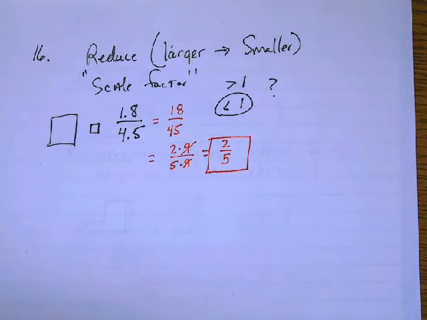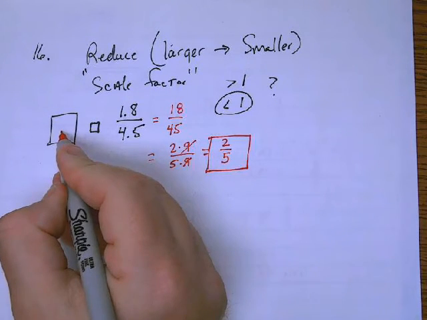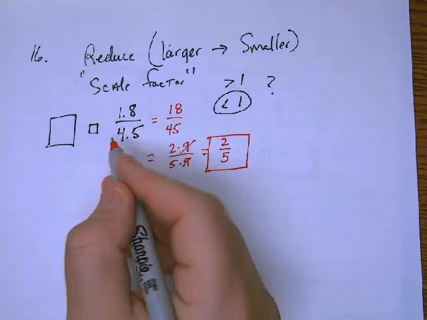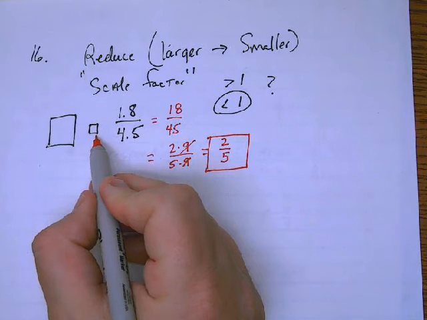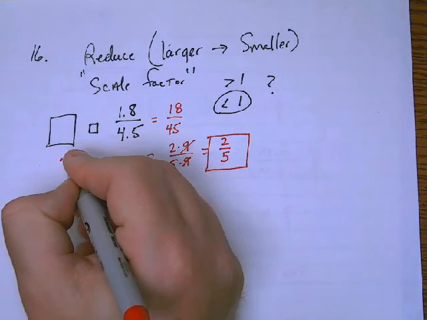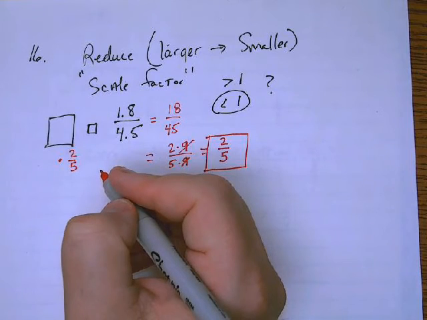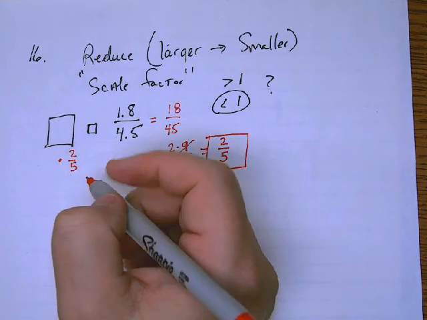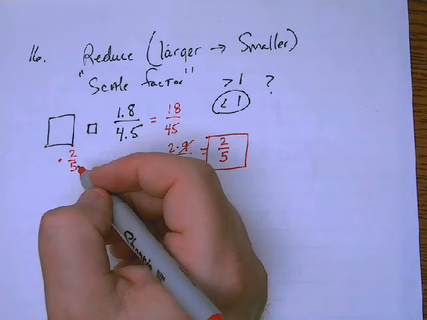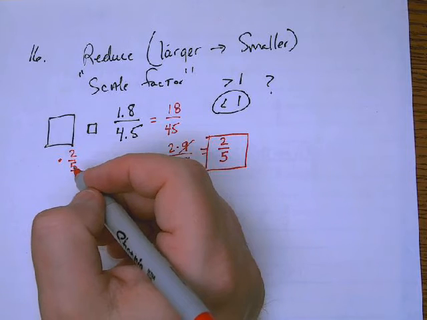So if I have a photograph and I wanted to fit it on a postcard, I need to multiply it by 2/5. Does that make sense? That means each side is going to be 2/5 the length of the other side.